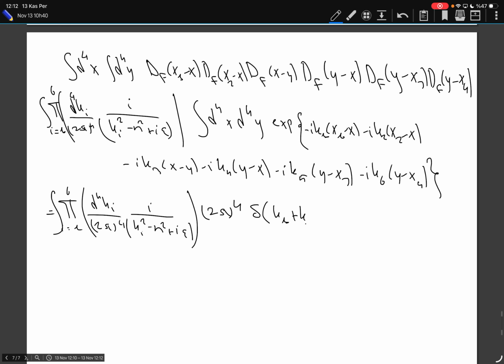The x integral will bring me a Dirac delta of k1 plus k2 minus k3 plus k4. And the y integral will bring me k3 minus k4 minus k5 minus k6.